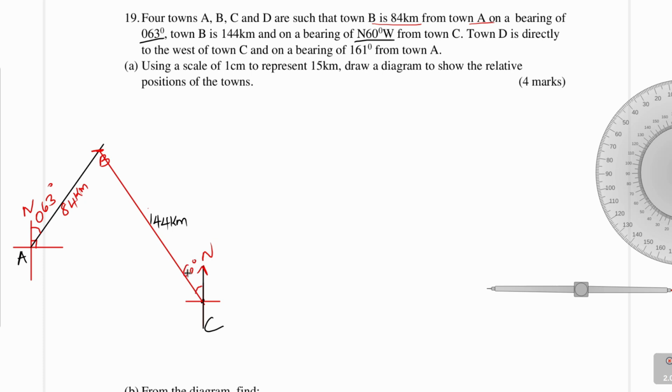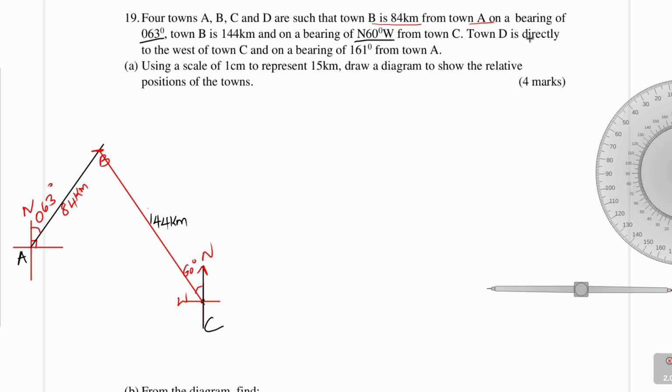So this is the angle, 60 degrees to the west. That is the compass bearing. That is how you're supposed to locate position C. So B is to the north, then 60 degrees to the west. And then the next one, D is directly to the west of C.